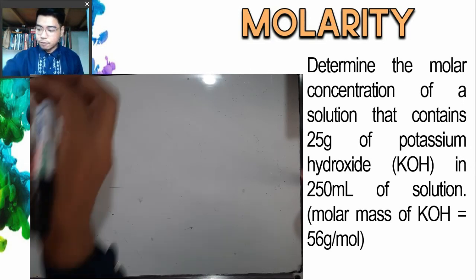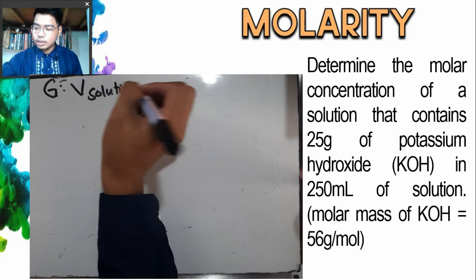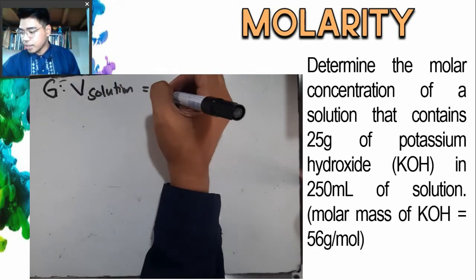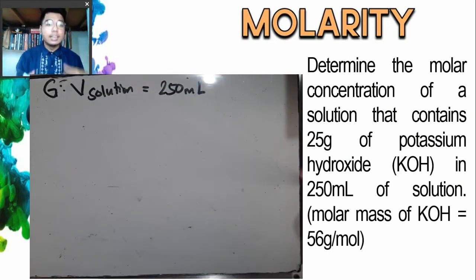Let's consider first the volume of the solution. According to this problem, the volume of the solution is equivalent to 250 ml. But if you can still recall what I told you earlier, the unit that we are going to use for molarity would be liters.